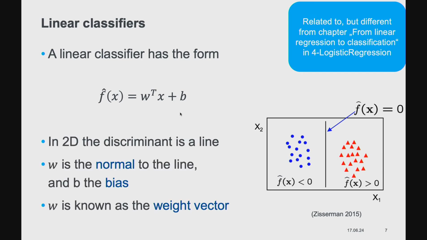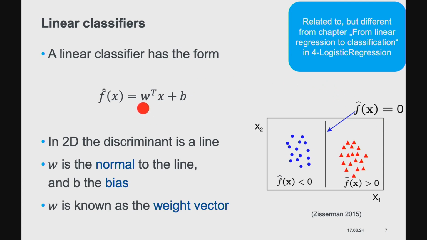And when we do this, here we have this corresponding nice description. Then the discriminant is such a line, and this line is exactly where the value f hat of x equals 0. So the points on this line are not assigned either to the positive or to the negative class.